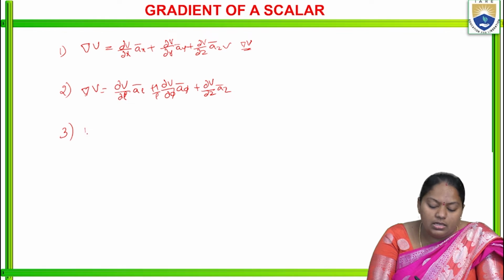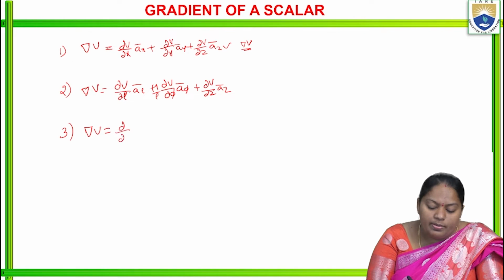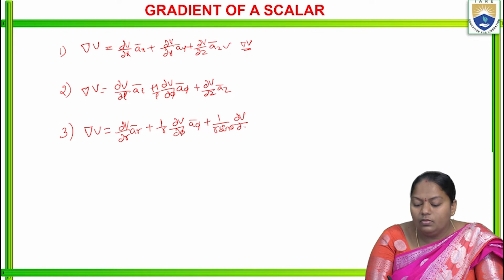Now coming to the third, the spherical coordinate system, del V can be written as dou V by dou R into aR plus 1 by R dou V by dou theta into a theta plus 1 by R sin theta dou V by dou phi into a phi.